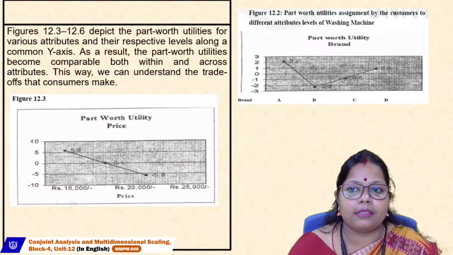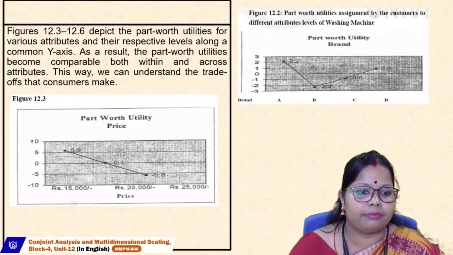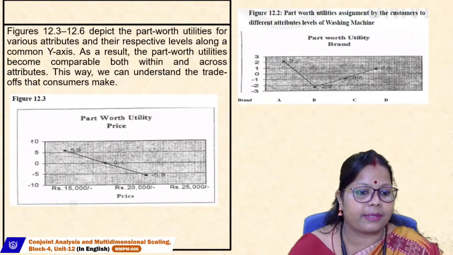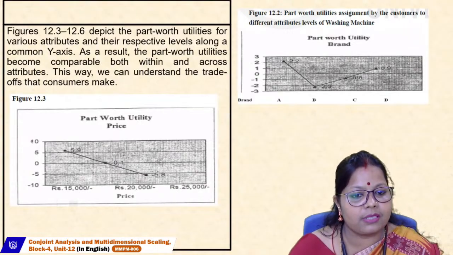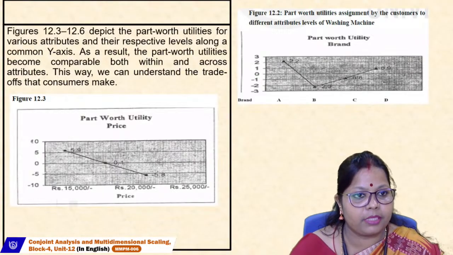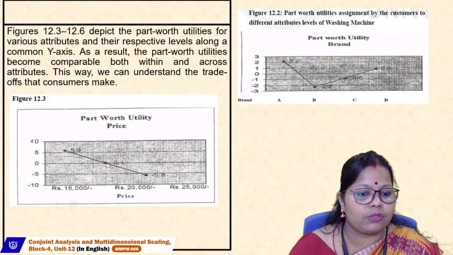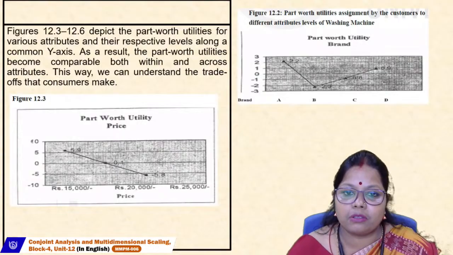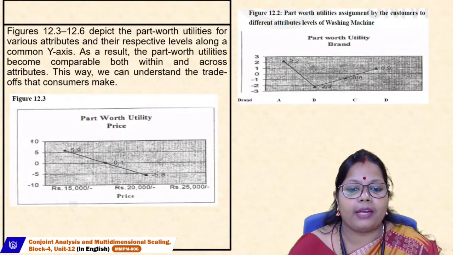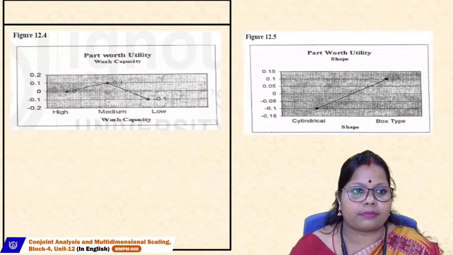Coming to the second attribute, that is price. 15,000 was highly recommended by the respondents, and the 20,000 priced washing machine is the second highest, and 25,000 is the lowest.